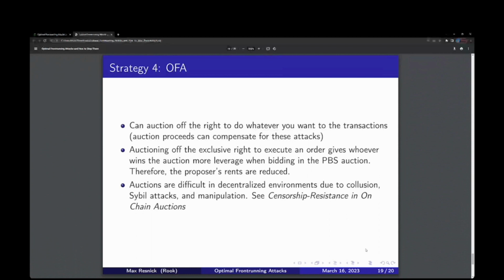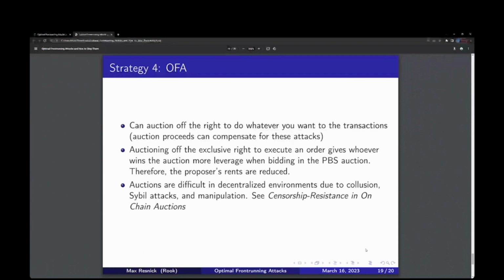If you want to auction off the right to arbitrage a pool, you could do that, and I would almost consider that part of an order flow auction. The proceeds from those auctions can compensate the liquidity providers for what they're losing, right? And if you auction off the exclusive right to execute an order, it gives whoever wins the auction more leverage in the PBS auction.